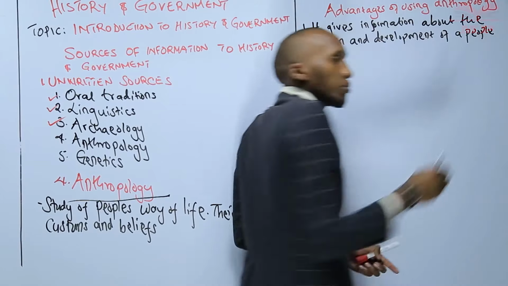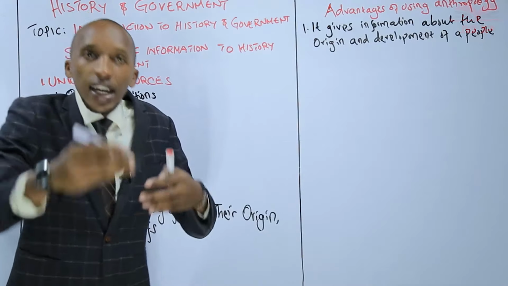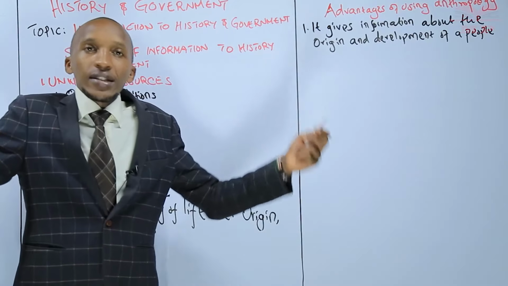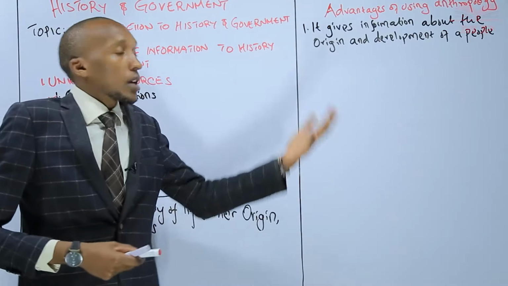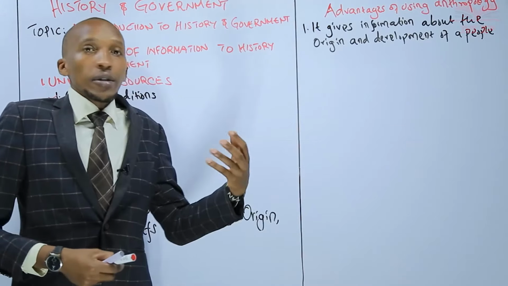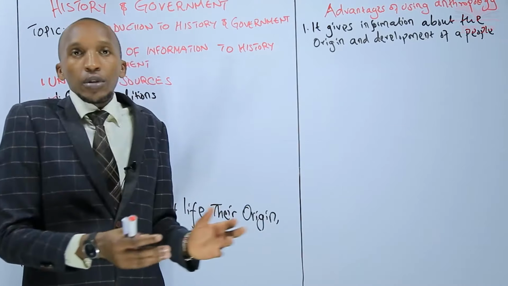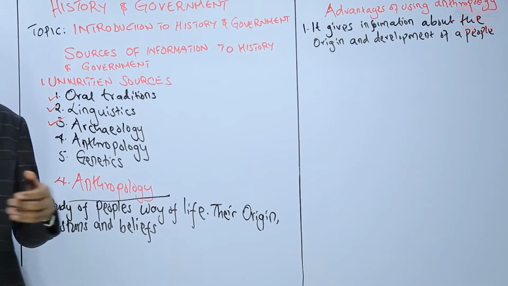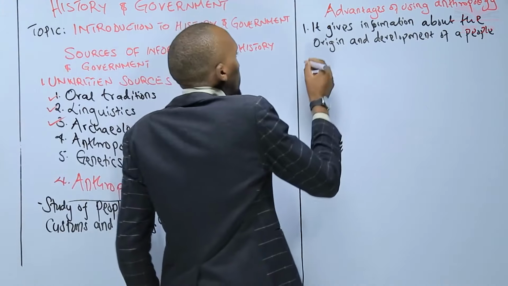So by the scientists being involved or interacting with the people in their day-to-day life, a scientist is able to know where these people came from, what they believe in, how they have come to be where they are today. And then number 2, information is easily obtained.